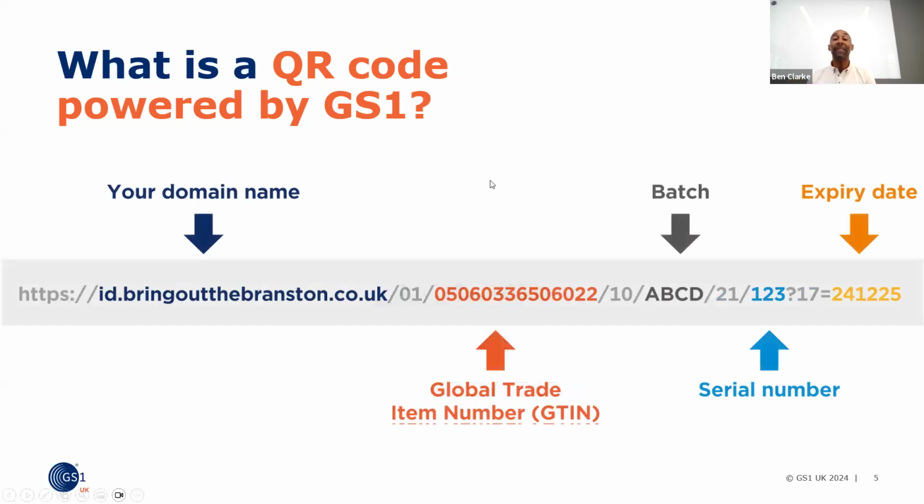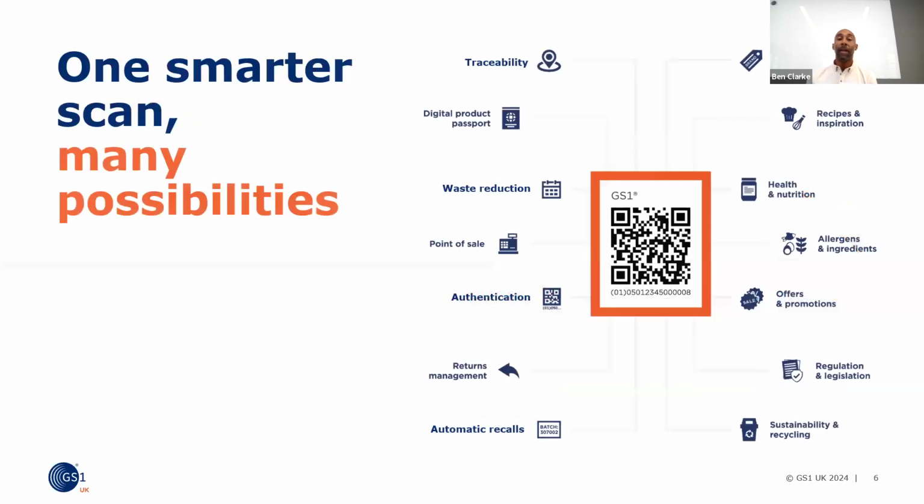However, because of the different data that QR codes powered by GS1 can encode, because of the different ways you can connect to online content, there are a few considerations that need to be made to fully ensure that you benefit from this exciting solution. Now, much of what you do will be driven by what you actually want to use our QR codes for.